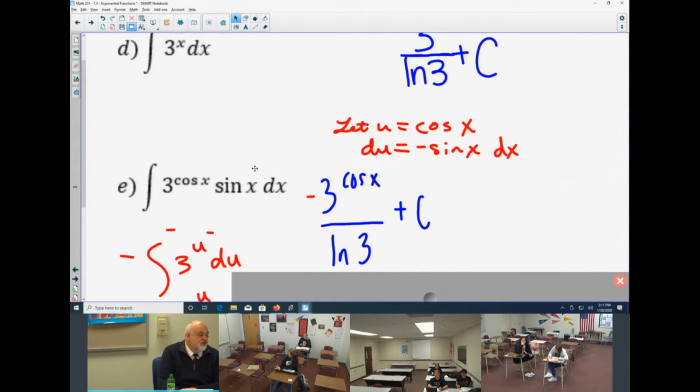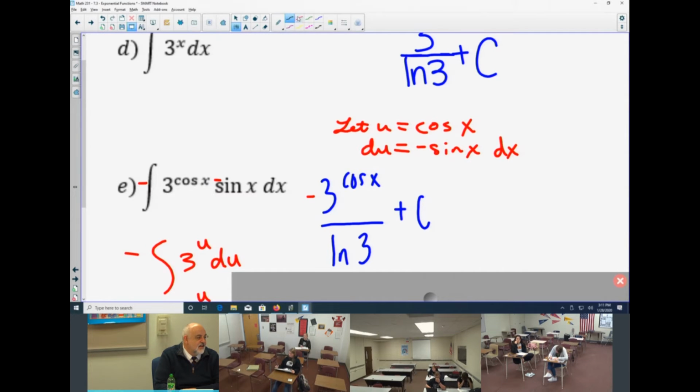So if you do your U substitution, let U be cosine x, and du is negative sine x dx. Then this becomes 3 to the u, but in order to get the du, you need a negative here. So you put a negative in front of the sine x. So now that's going to be your du. But to compensate for that, you've got to put a negative in front. Okay? So that gives you negative 3 to the u, and then the negative sine x dx.